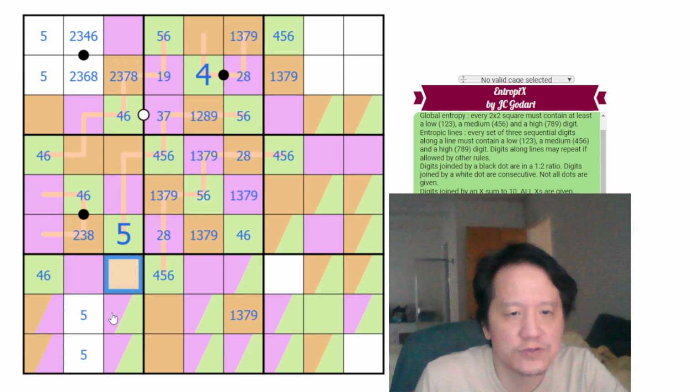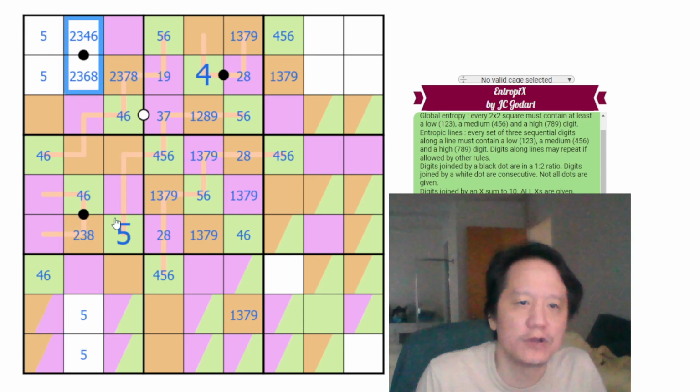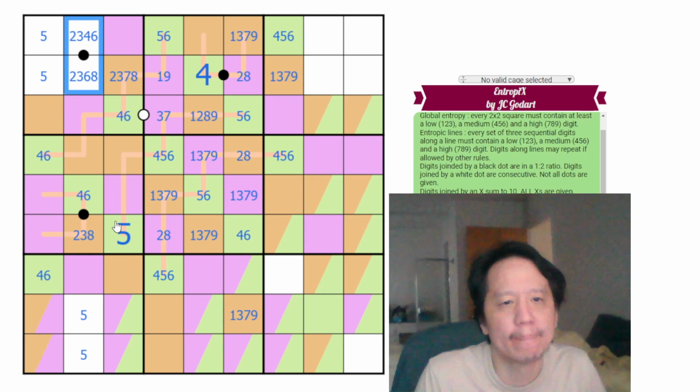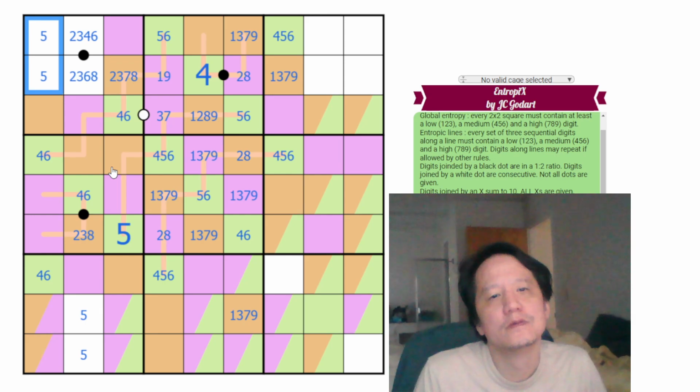Okay, I don't know if that tells us very much, but we also know 3 cannot be here. Interesting. Because 3 has to be either here or here, right? So this is either pink or orange, and then the other one has to have a pink or orange. Okay.